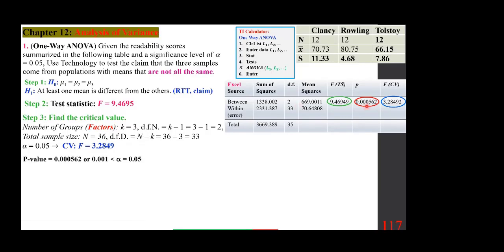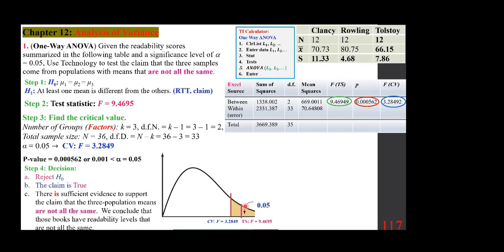The p-value is clearly less than alpha of 0.05. And whether you go with the p-value or the critical value versus the test statistic, take a look, the test statistic is way into the rejection region. Both of them result in the same thing, which is rejecting H0.